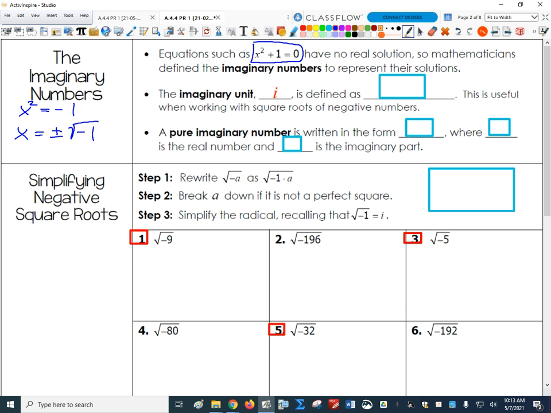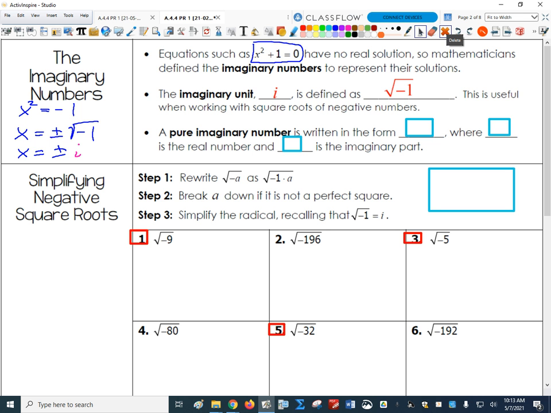Well, we define that square root of negative 1 as the imaginary unit. And so our answers just look like x equals plus or minus i. Okay? So the square root of negative 1 is what i is defined as. That's what it's equal to.